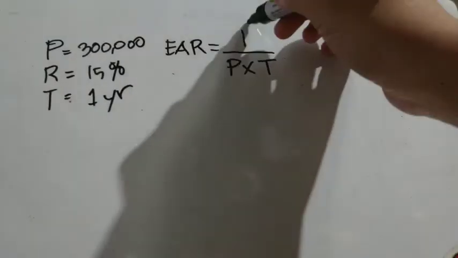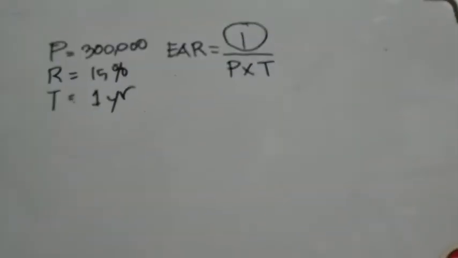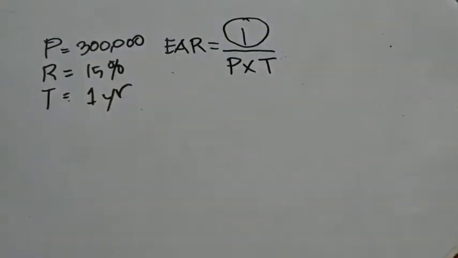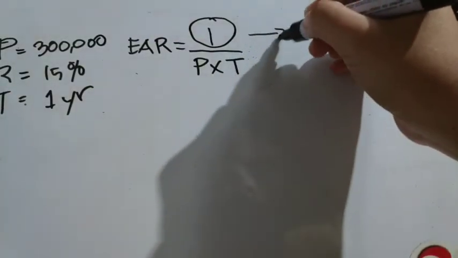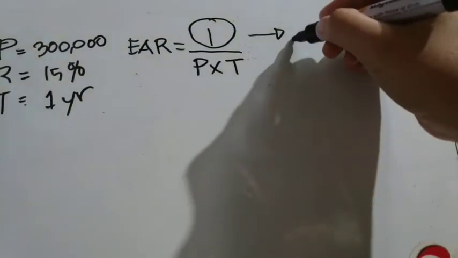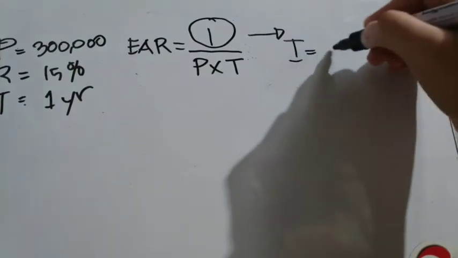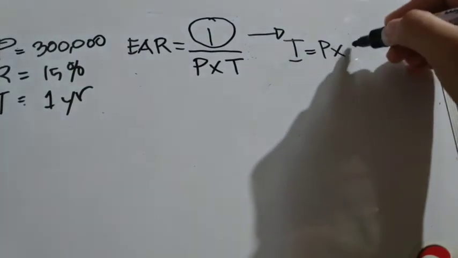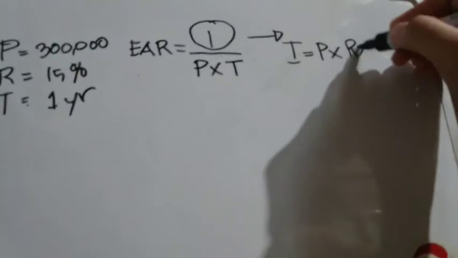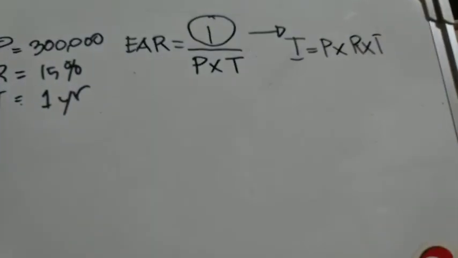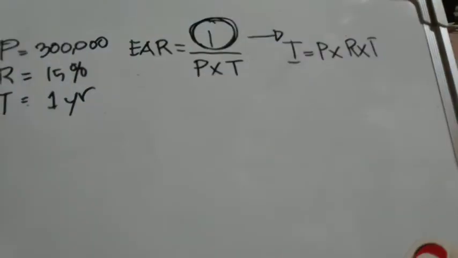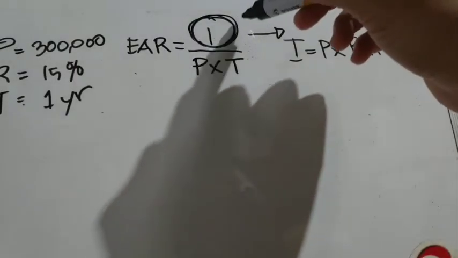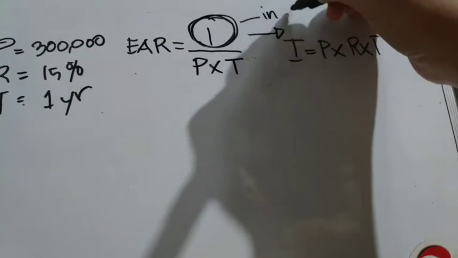First, we get the value of the interest. For the simple interest, which is a very familiar formula to you, the interest is equal to principal times rate times time. This should be an amount, not a percentage.